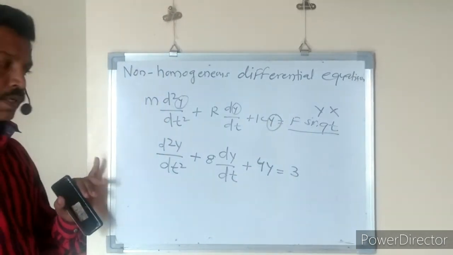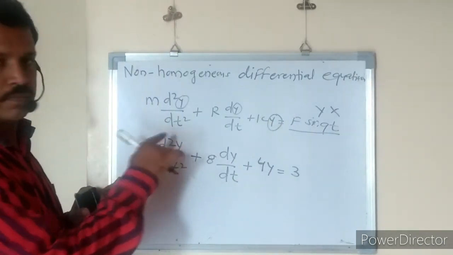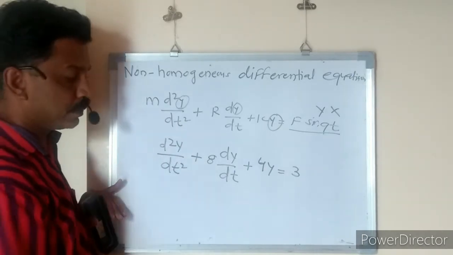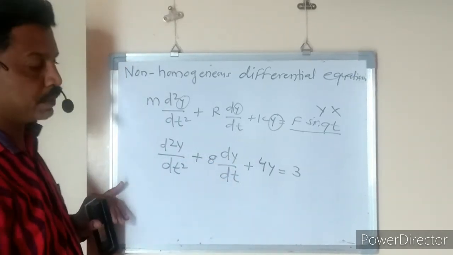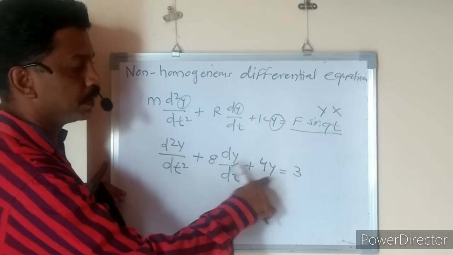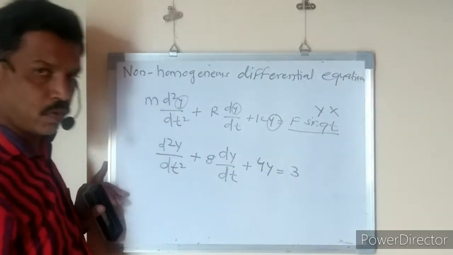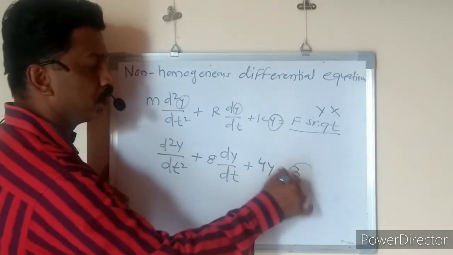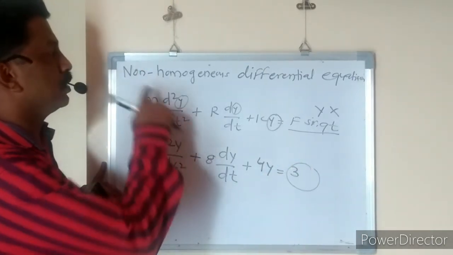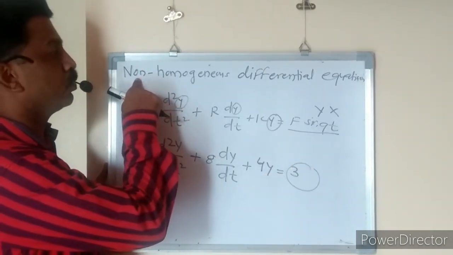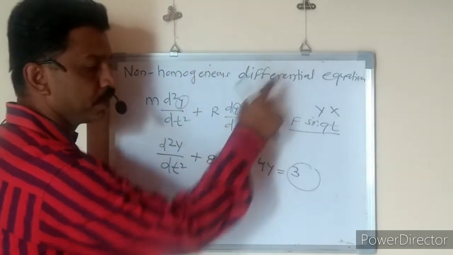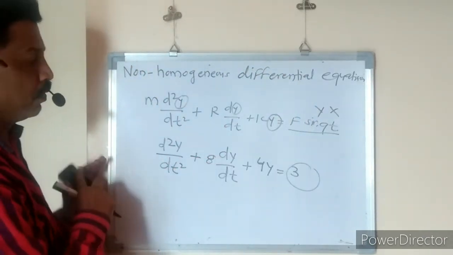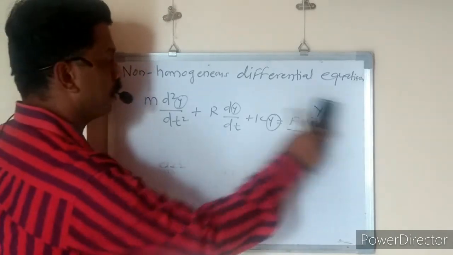Now in this equation also, here the dependent variable y is present, here y is present, here y is present, but here only one quantity, a number, is there, 3. Y is not present, therefore such type of equation is known as a non-homogeneous differential equation.